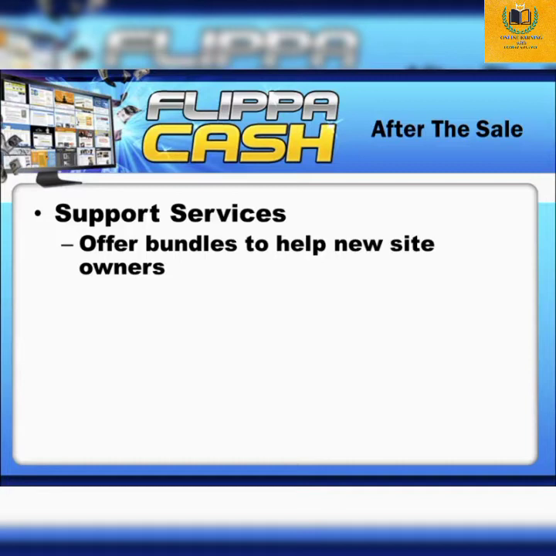One of the reasons that they're coming here to Flippa is because they don't know how to do all that stuff. They just want the website. So you can sell them phone support, bundle some hours, like they have to buy 5 hours worth of support. You can charge them 5 hours for $150. And that way they can call you, they can get you to walk them through some things and help them, give them some training, some coaching.